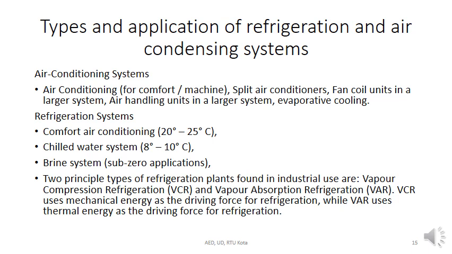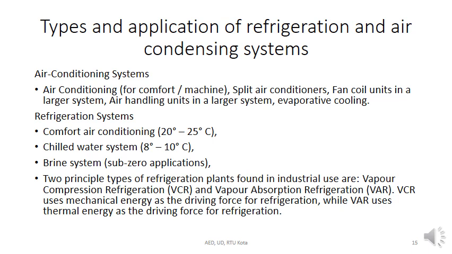These are the different types and general applications of refrigeration and air conditioning systems. Split air conditioning, fan based air conditioning, air handling units, larger systems, evaporative cooling, these are a few air conditioning systems.